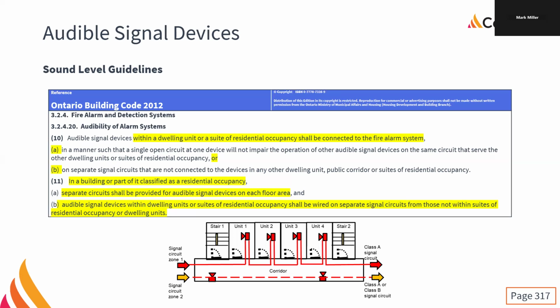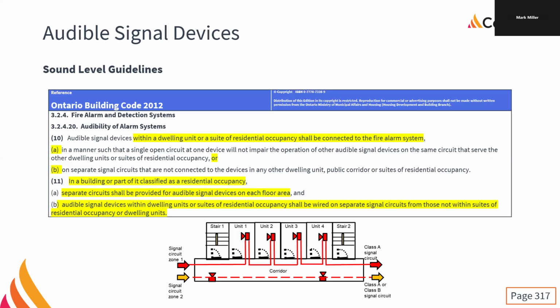So one of the things that we have to consider, because a lot of people think about themselves versus thinking about other individuals in this lovely community that we live in: in residential occupancies, we have more stringent rules.